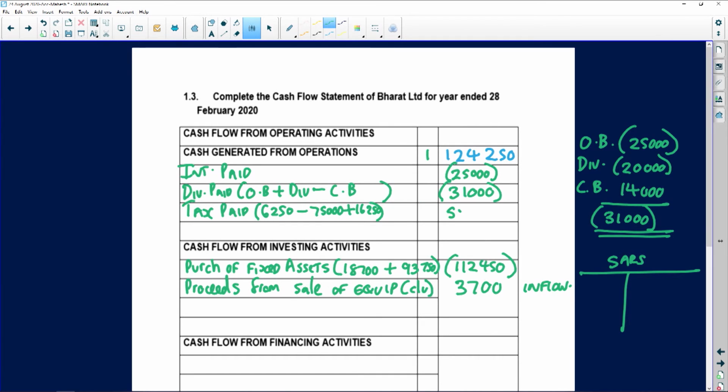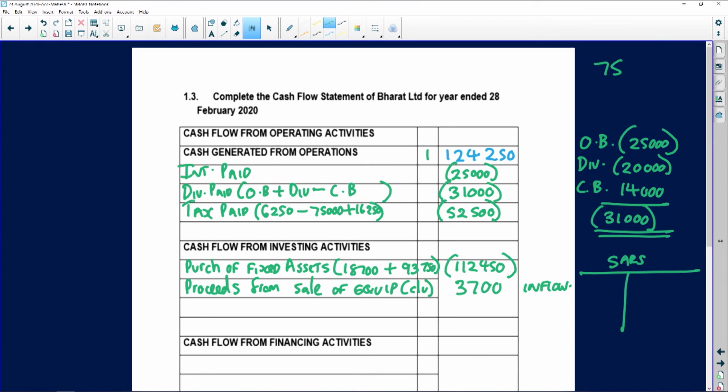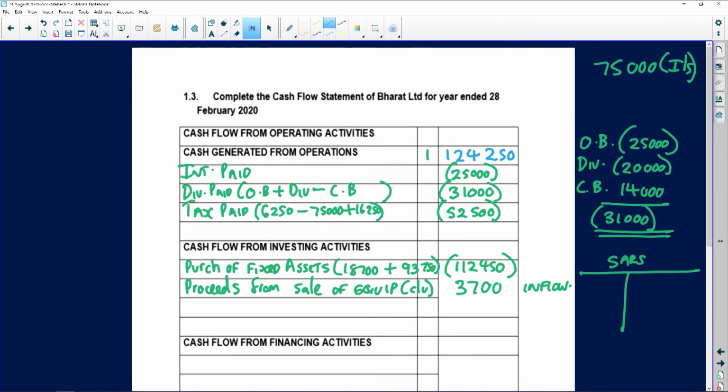So 52,500, and this is an outflow of cash. So remember, even though your tax expense is 75,000, you would show that in the income statement. The cash flow statement, on the other hand, what did you physically pay the receiver? So we paid the receiver an amount of 52,500, which is clearly an outflow of cash.